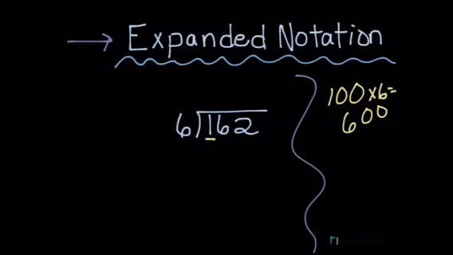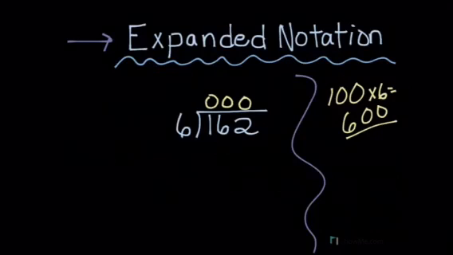But I have only 100 here. So we can't fit any 600s into 162. So I could just put 3 zeros or leave it blank.